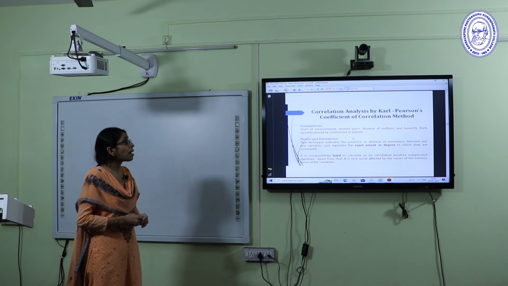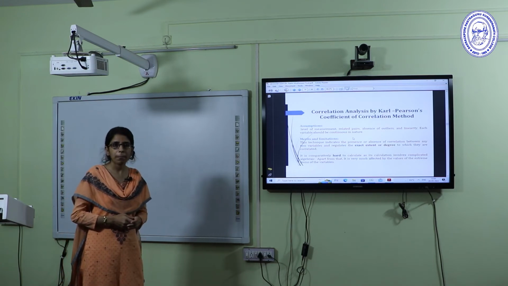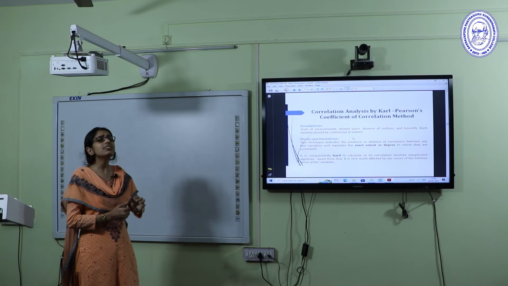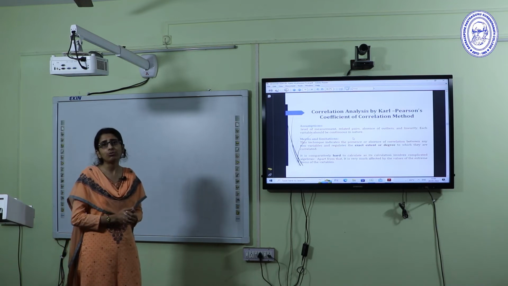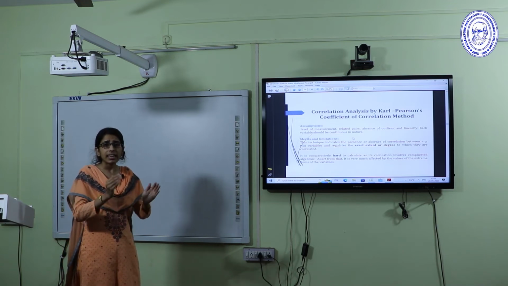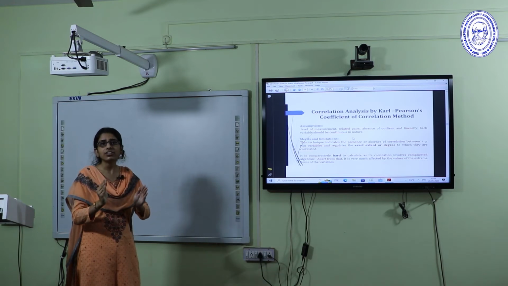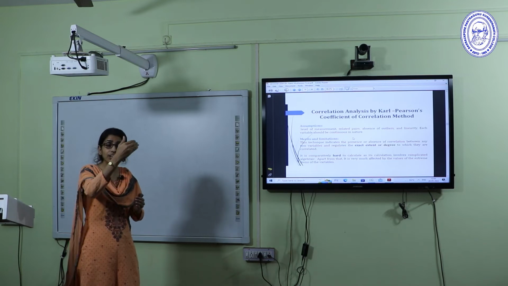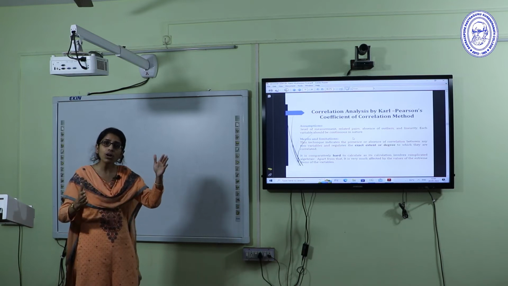Then comes the absence of outliers. Outliers are a specific term we use in regression diagnostics, also associated with correlation. Outliers are basically extreme values. That is, in a data set, if there are some values which are extremely small or extremely large, they influence the nature or distribution of the whole data set.